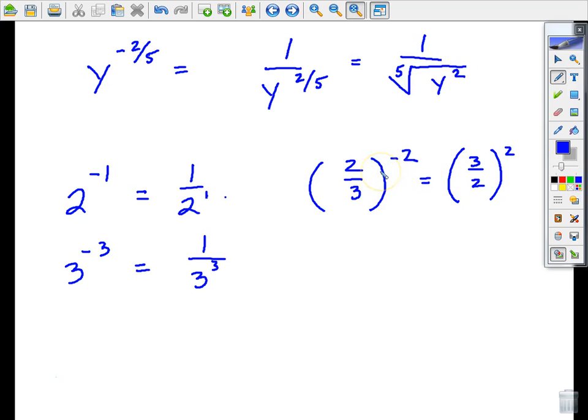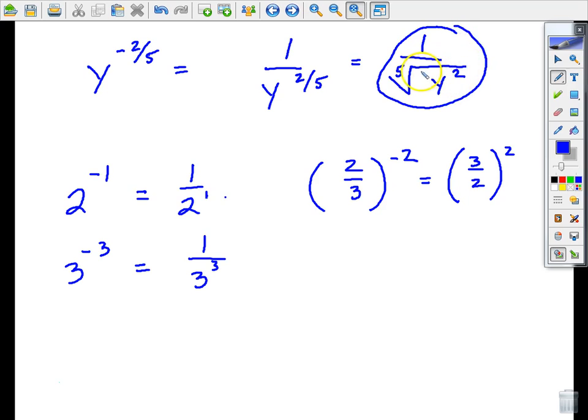All right, now at this point, you're on the lookout for opportunities to simplify radicals. Can we simplify the fifth root of y squared? There is no way. 5 doesn't divide into 2. I can't write factors that would make this possible. So this is going to be my final answer.